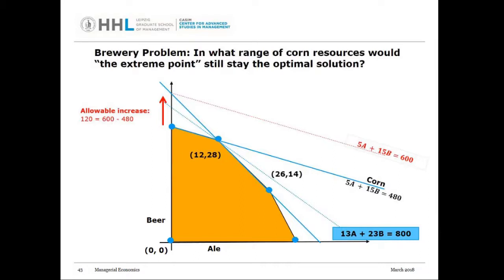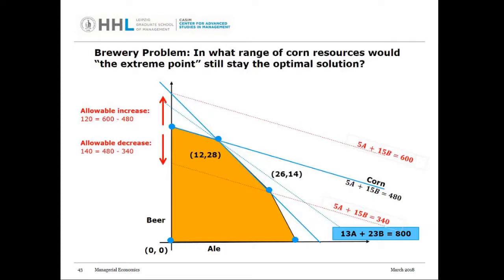Changing means now we don't produce any ale at all. We can increase it to 600, meaning the change is 120, or decrease it by 140.